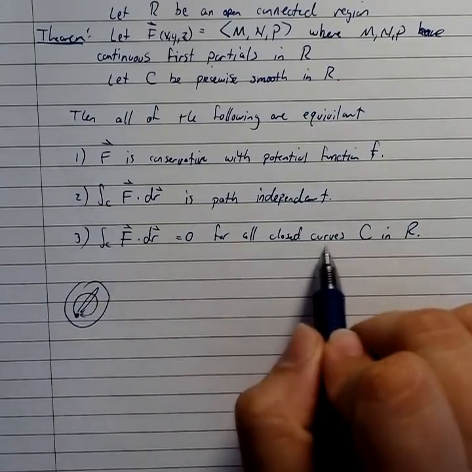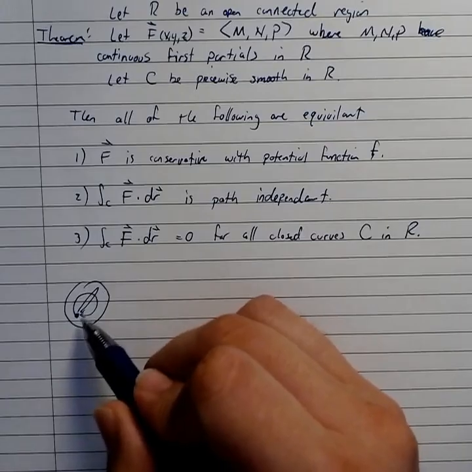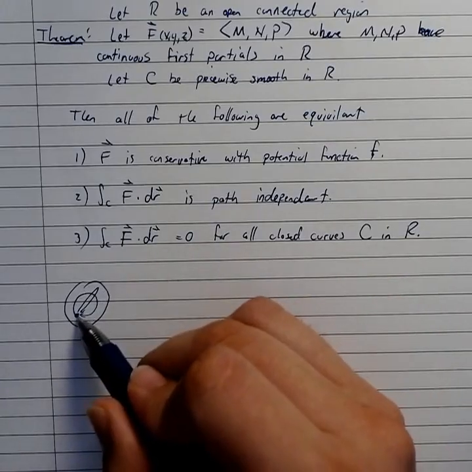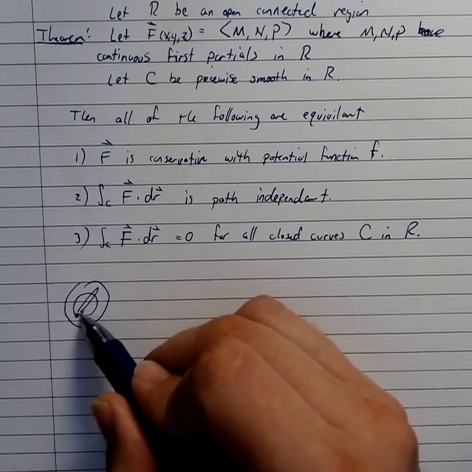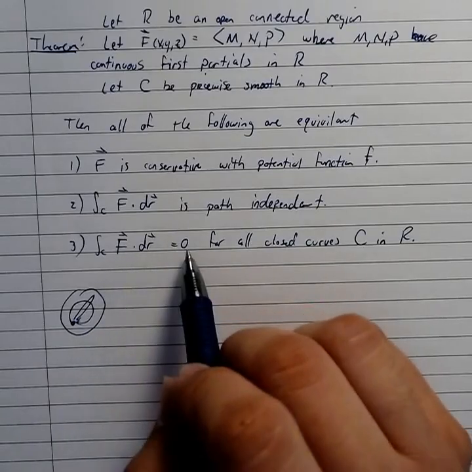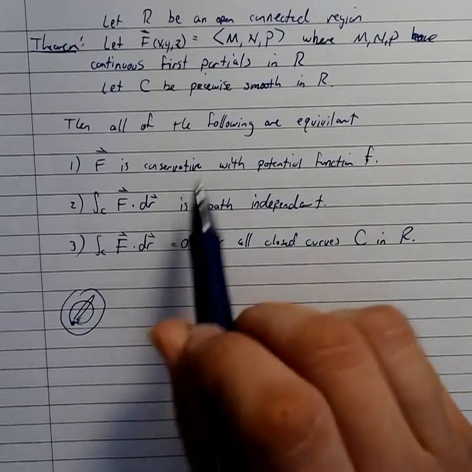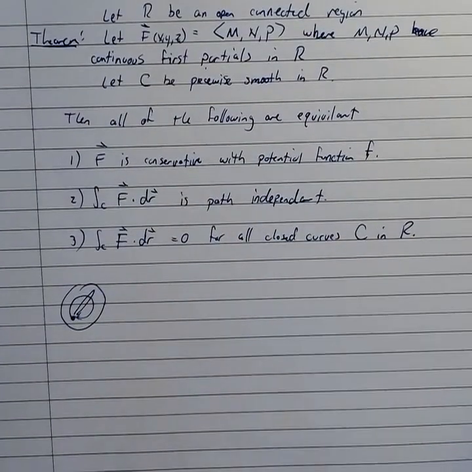So if you have a closed contour which brings you back to your starting point, then due to path independence, you could just say, well, I'm just not going anywhere. So if I'm taking the integral from A to A, just like in Cal 1, that's got to be 0. So if you take a line integral over a closed curve in a conservative vector field, then that's got to equal 0.